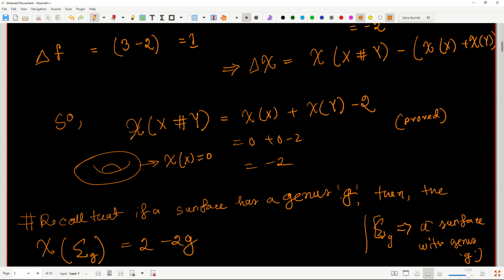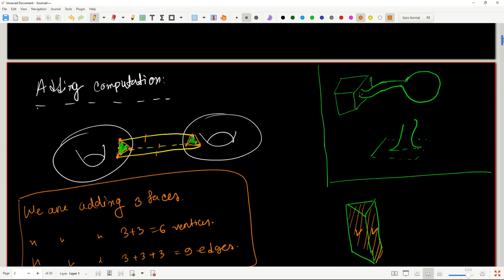And this is true in this case, because look at our connected surface. It has 2 genus, 1 and 2. So if I use this formula 2 minus 2G and I put G equals 2, I get 2 minus 2 times 2, which is 2 minus 4, minus 2.